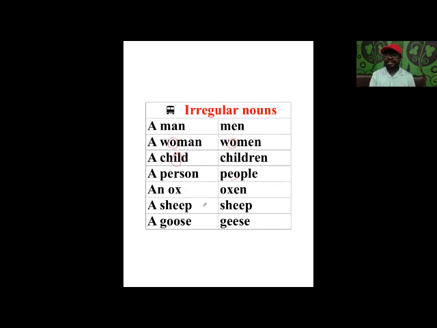An ox. Oxen. A sheep. Sheep remains sheep. A goose. Geese. Remember, this is plural, so you cannot put an article. A goose. Geese.